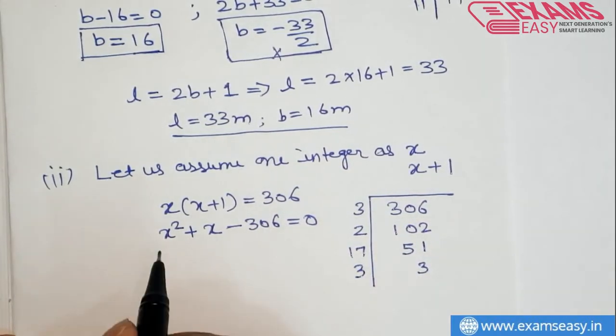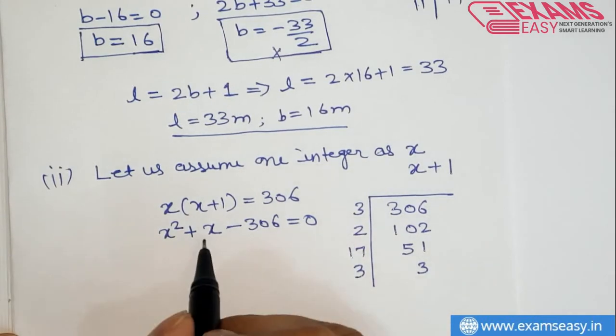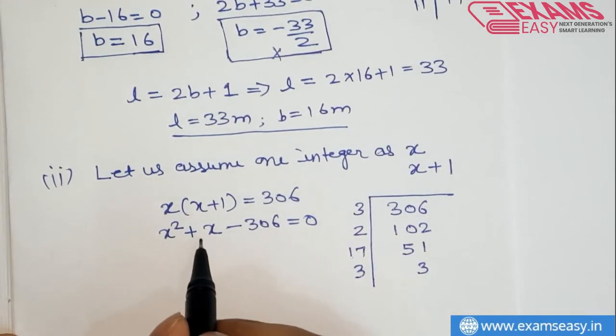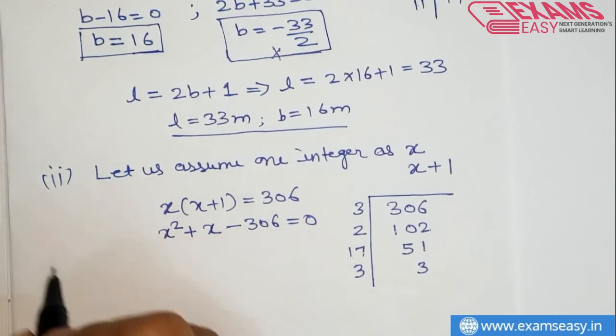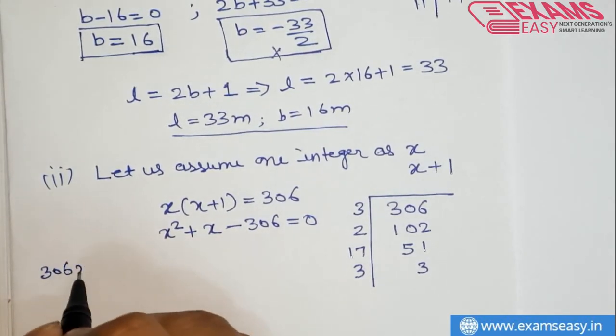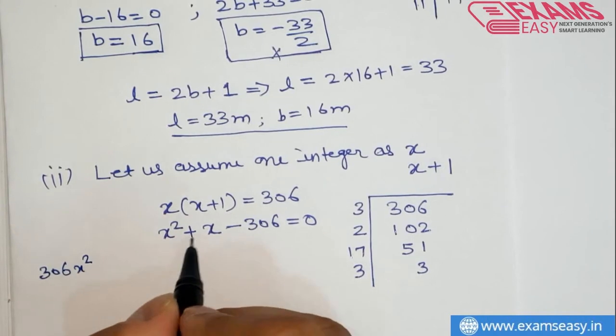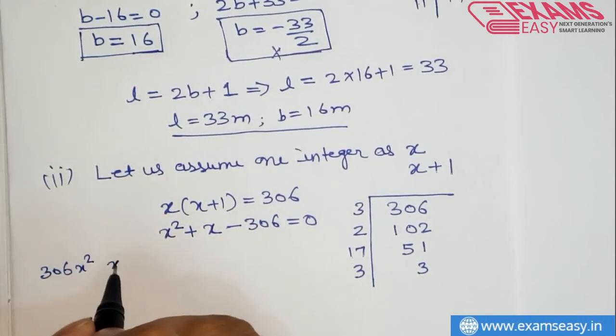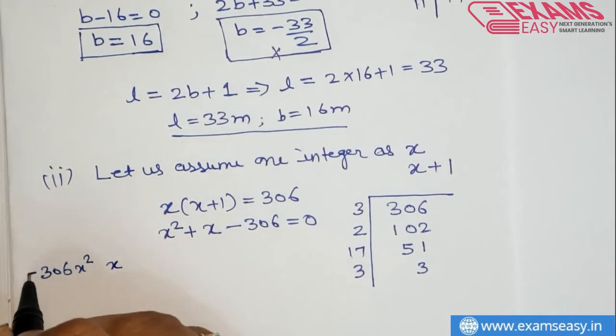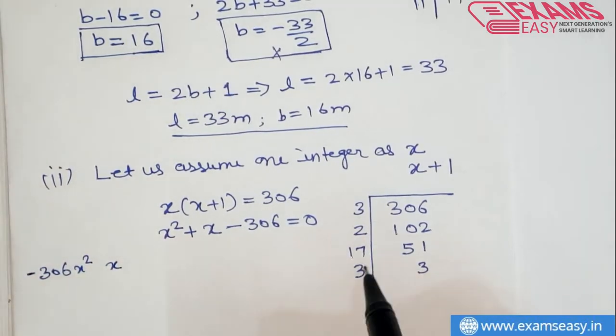Now we need to split the middle term, and for splitting the middle term we want the product of two numbers as 306 x square, and the sum of those numbers should be x. The constant is minus 306. Let us see what could be the possible combination. Since 17 is a prime number, it cannot be divided further.